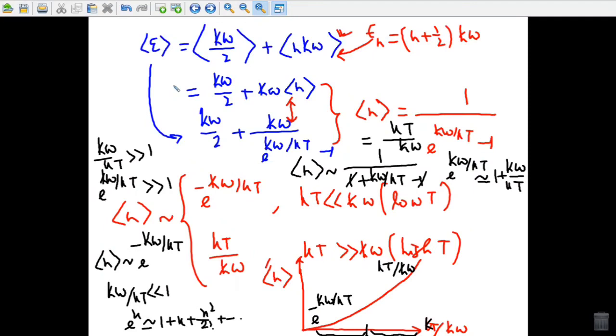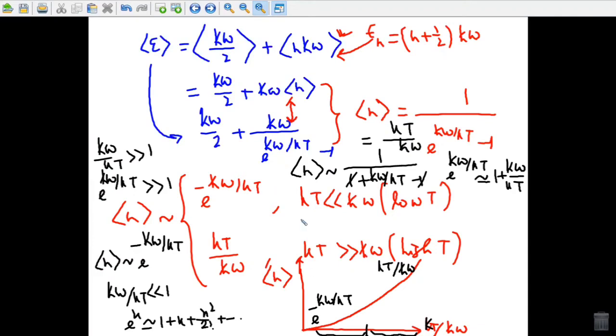Another important aspect is the temperature dependence of the excitation. Analyzing it, one finds that average n is approximately e to the power minus h cut omega by kT in the low temperature limit, where kT is far smaller than h cut omega, and if temperature is high enough, then kT is far greater than h cut omega.